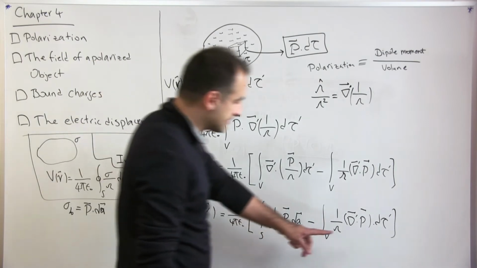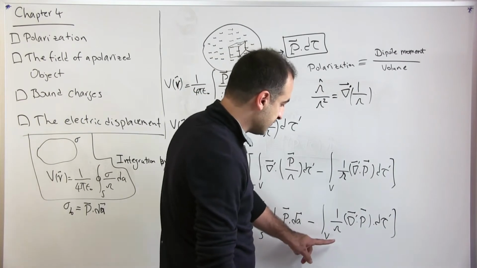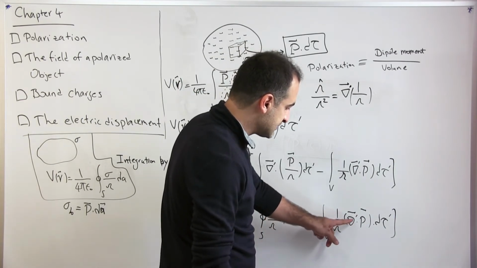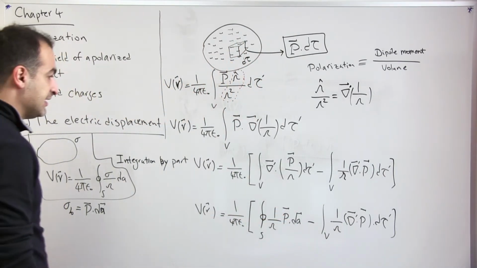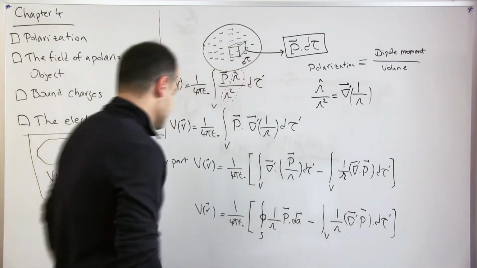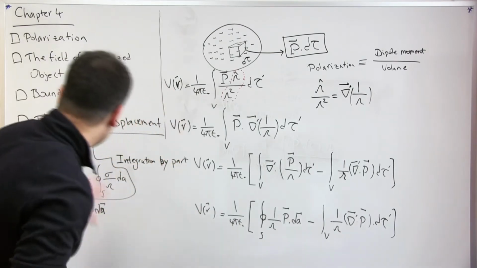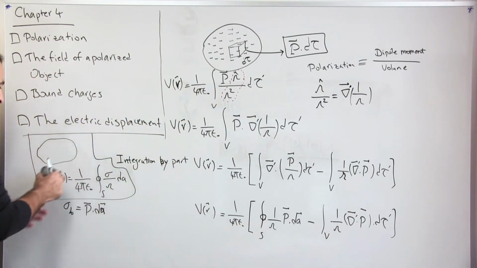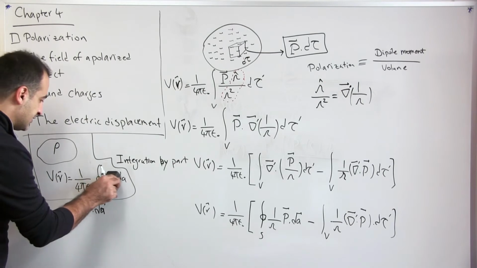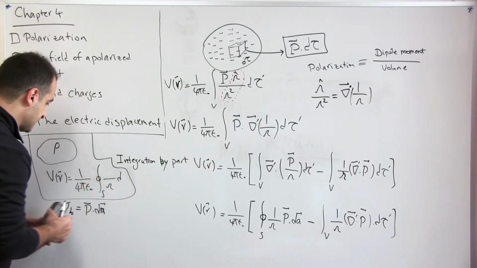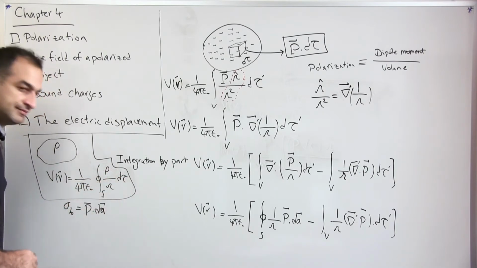If we look at the second term, now we have 1 over 4 pi epsilon 0 and an integral that runs over a volume of 1 over r times the divergence of P. The second integral looks like the potential created by a volume charge density. To remind you, if you have a volume with volume charge density rho, the integral that calculates the potential is 1 over 4 pi epsilon 0 times the integral of rho over r d tau.